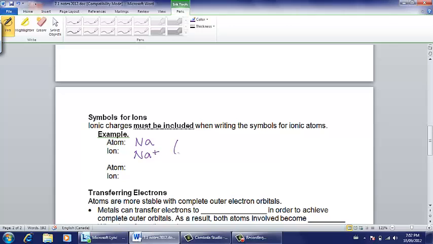This indicates that sodium loses an electron to become an ion. An example of an atom that becomes a negative ion is chlorine. The ion is Cl-, indicating that chlorine gains an electron.